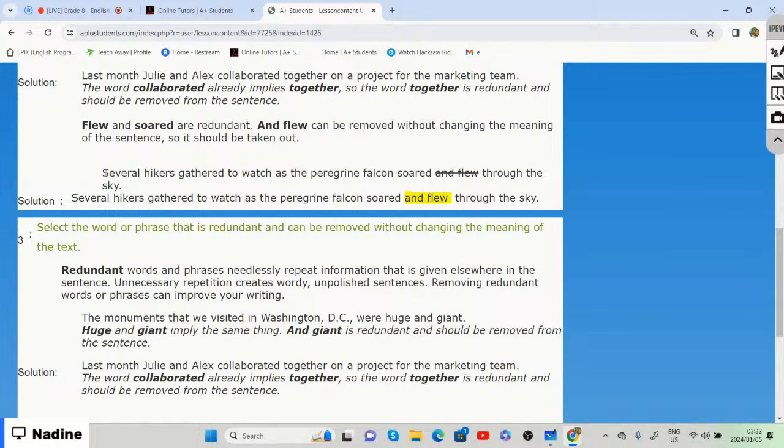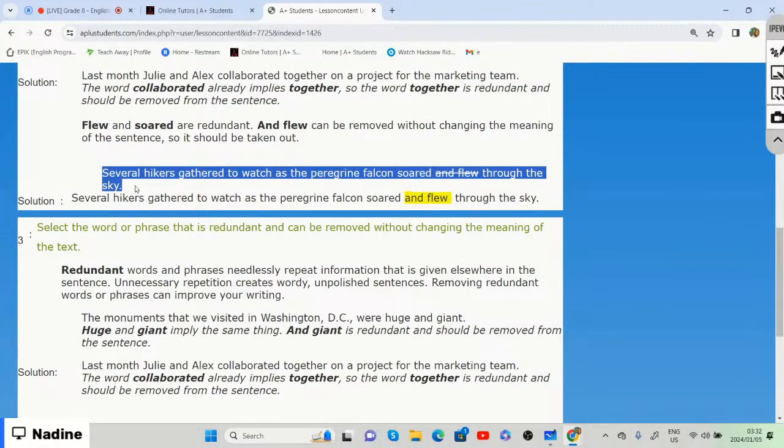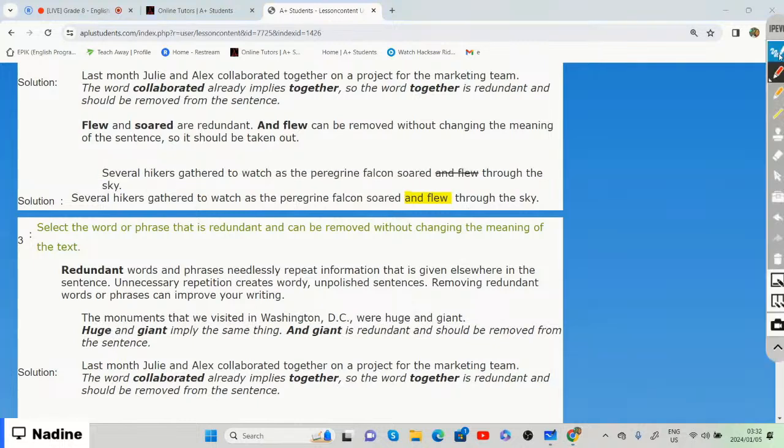All right, if we look at the sentence, several hikers gathered to watch as the peregrine falcon soared and flew through the sky. The word soared and flew, it basically means the same thing, right?